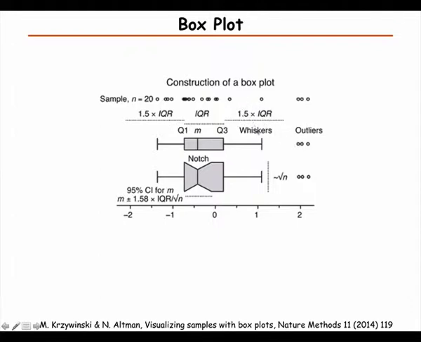And then it would also show outliers that are outside these whiskers, show each of them separately. And then one can also add this notch for the 95% confidence interval.